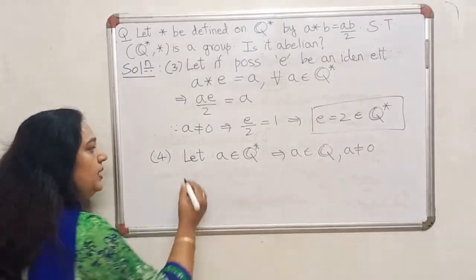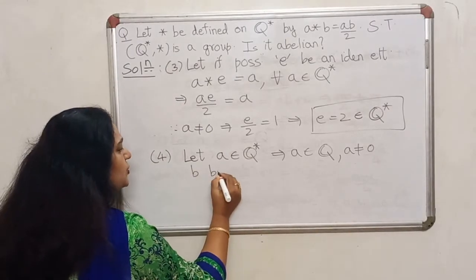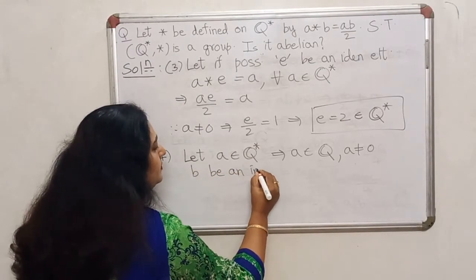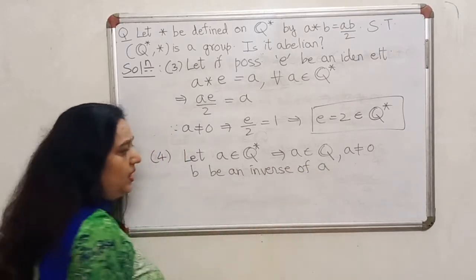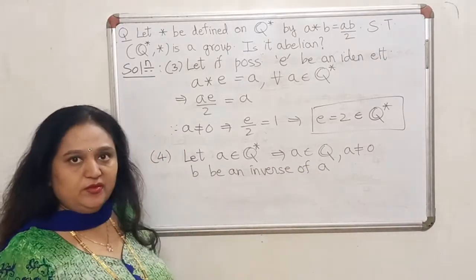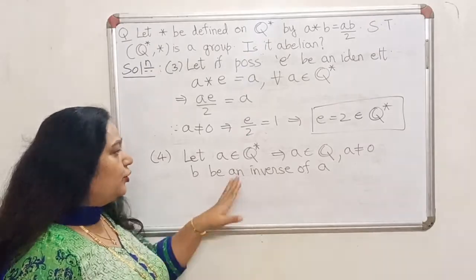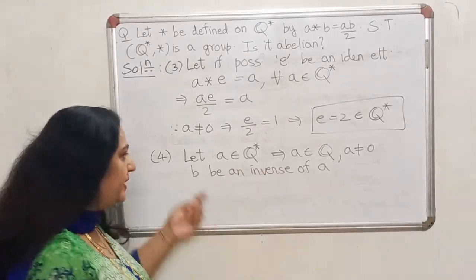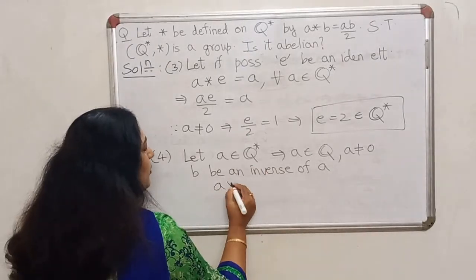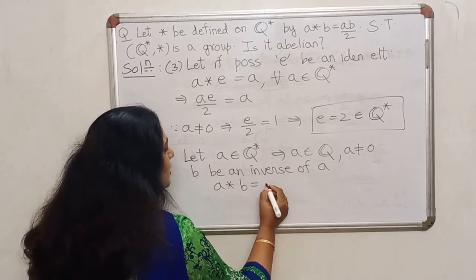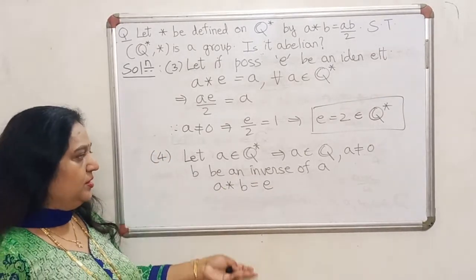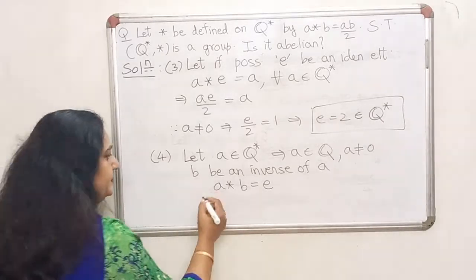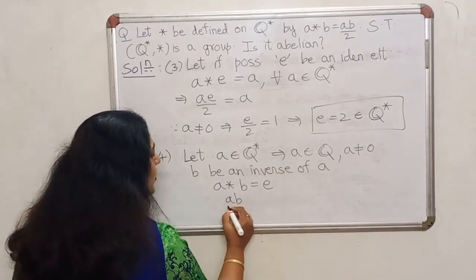Let if possible B be an inverse of A. But if it were to be an inverse, what would be our expectation from B? I would expect A star B to be equal to identity. And now it's just a matter of solving this equation. So A into B upon 2.